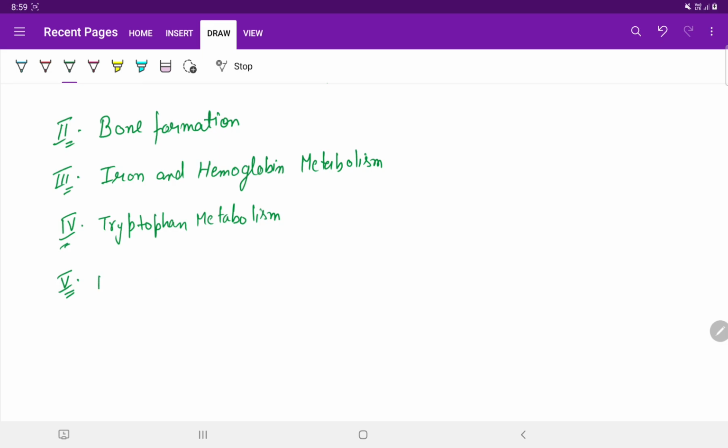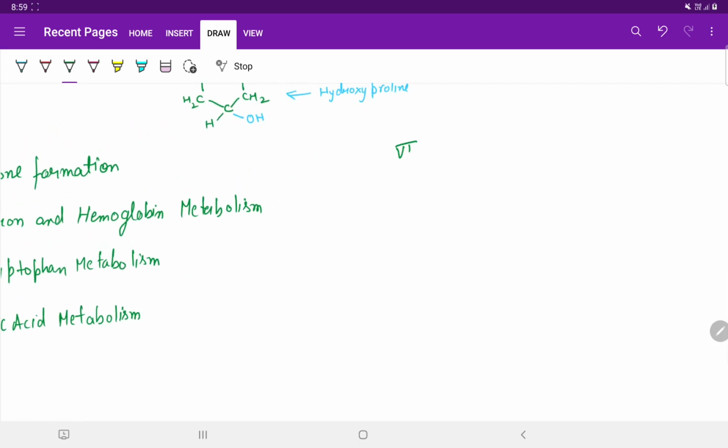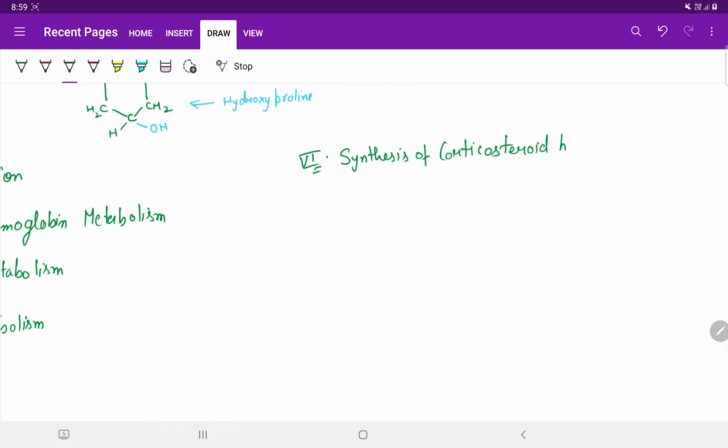Then in the folic acid metabolism, then for the corticosteroid hormone, the synthesis of corticosteroid hormones from the adrenal glands.